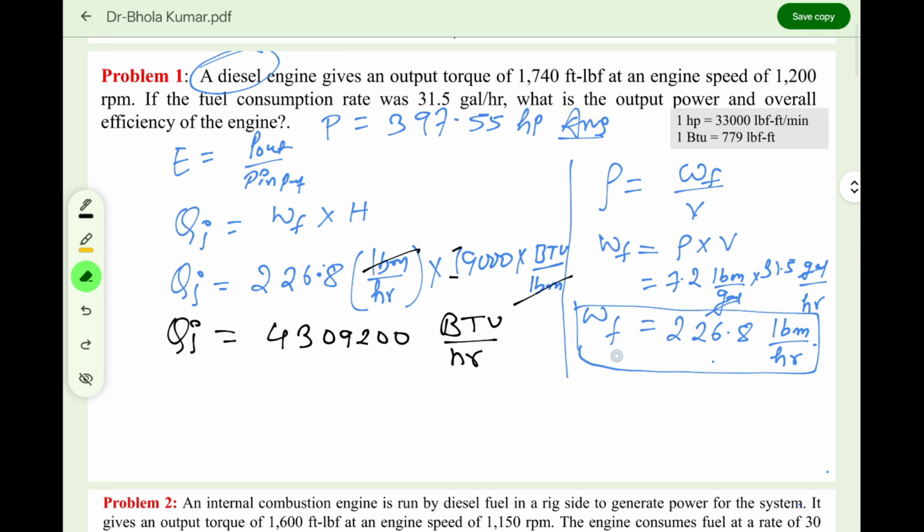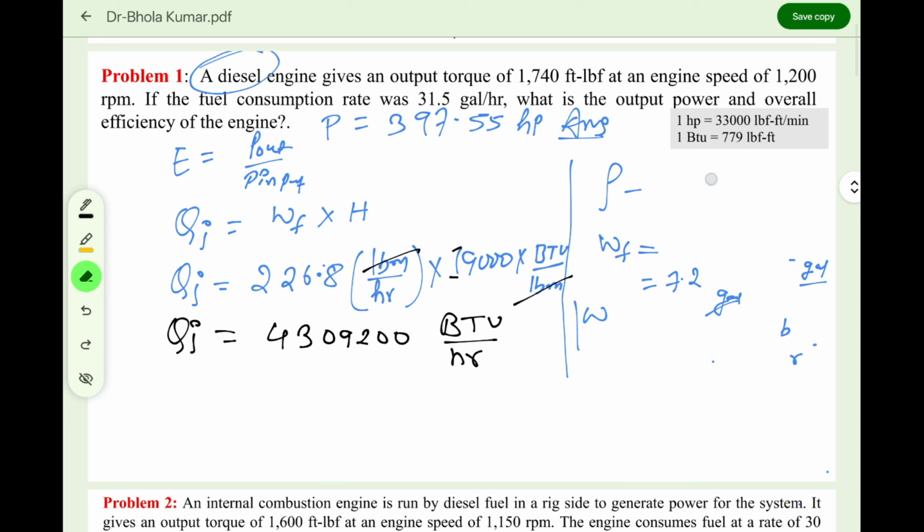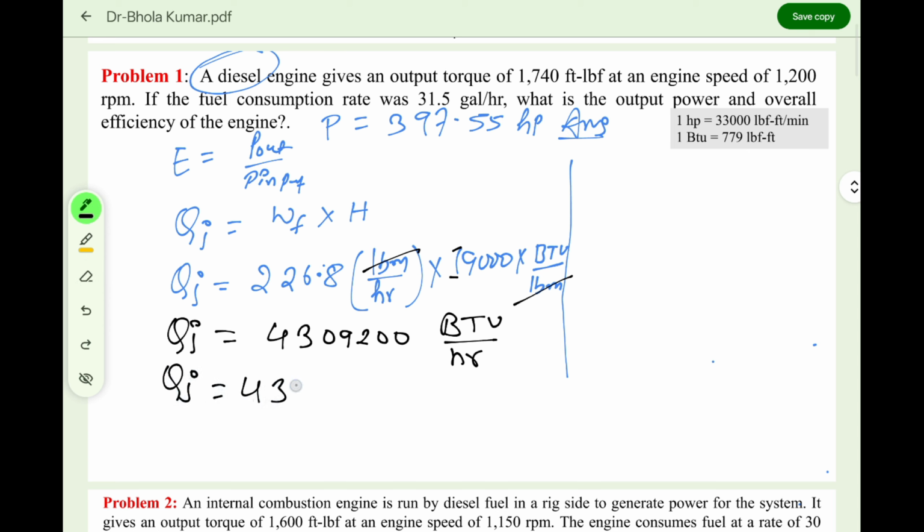Let me erase this side so that we can do further unit conversion. If you remember, 1 BTU is 779 lbf feet, so multiplying 4309200 with 779, it is now lbf feet per hour.